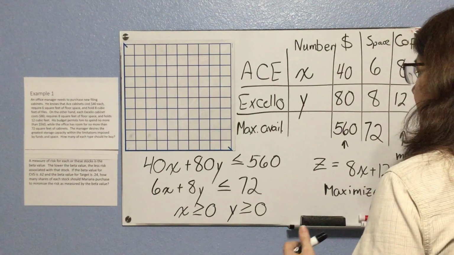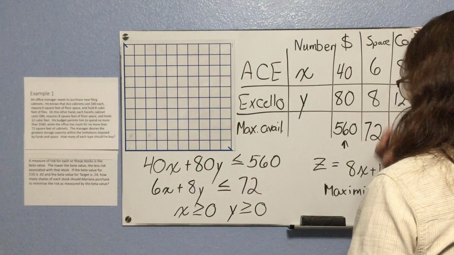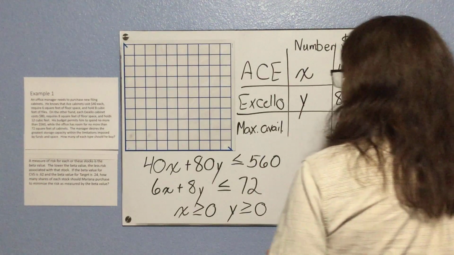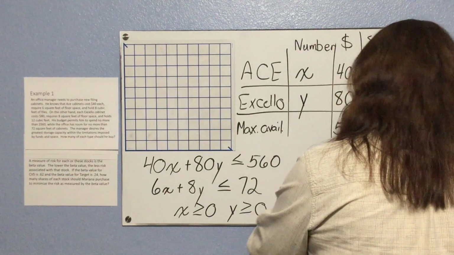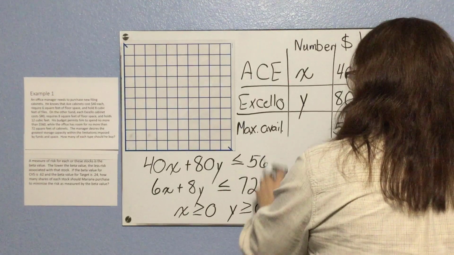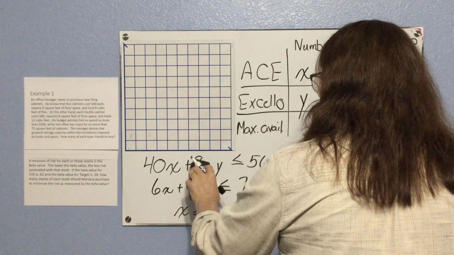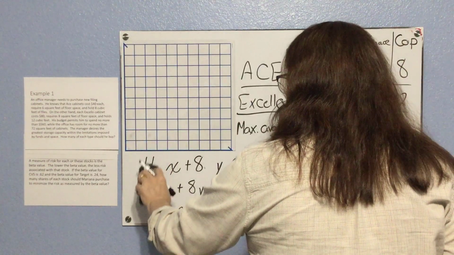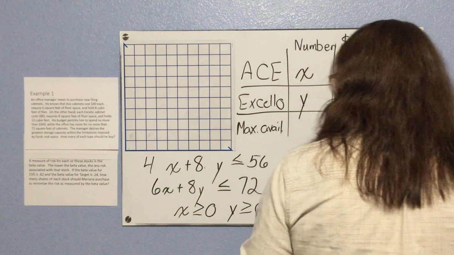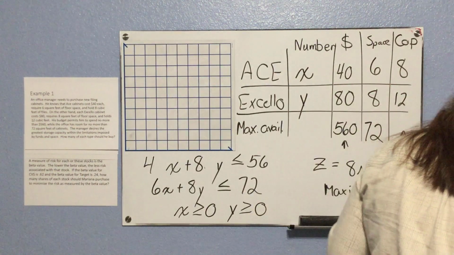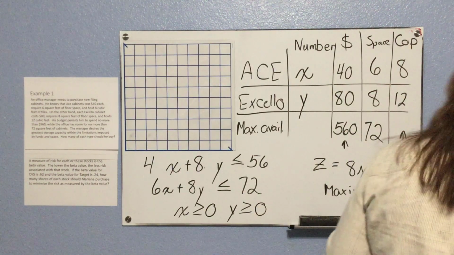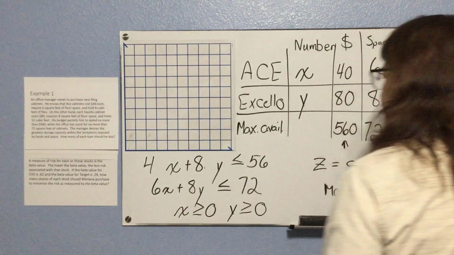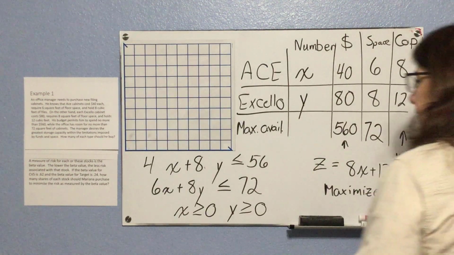So now we're ready to draw a graph of the feasible region. To make this a little simpler, I'm going to divide this inequality by 10, since all of those end with a 0. And we can graph pretty easily by intercepts.